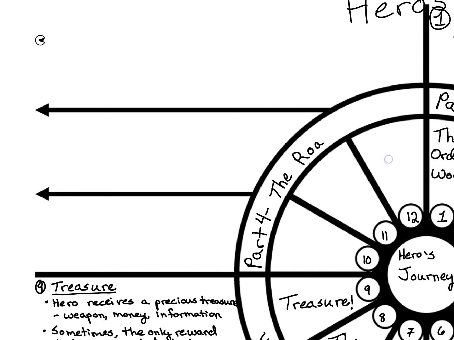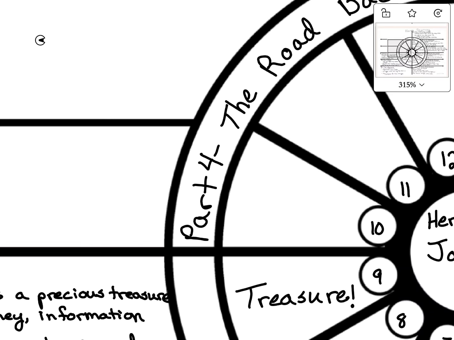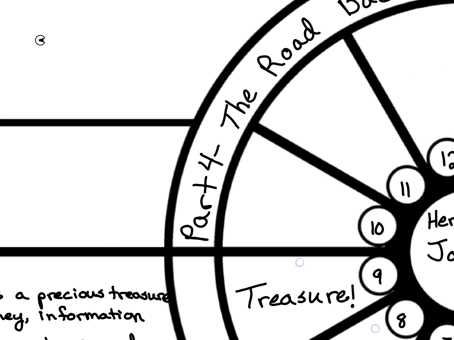I promise you, I can spell. Because we can't just win and bloop, bloop, we're done. No, there's more to it than that. We have to actually go back home and show the rest of the world that we have changed. So, we're going to be at part 10 here. This is the road back.